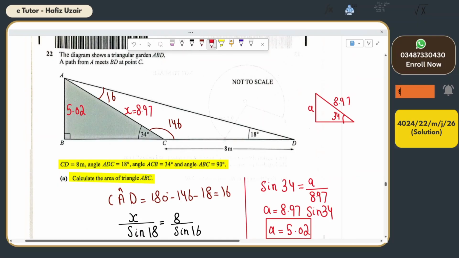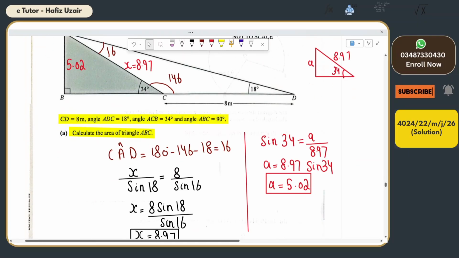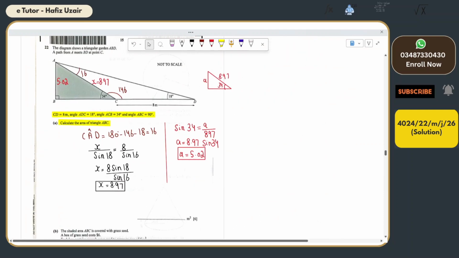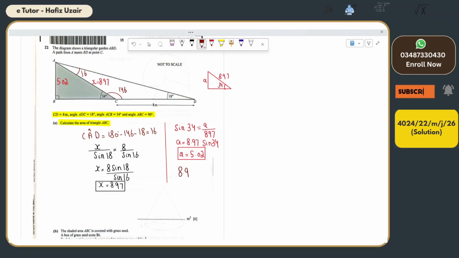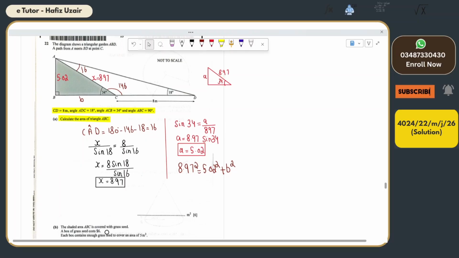Now you can use the Pythagoras theorem over here. The Pythagoras theorem is hypotenuse squared, and the hypotenuse here is 8.97. So 8.97 squared is equal to 5.02 squared plus b squared, where b is this side. Let's simply calculate this.